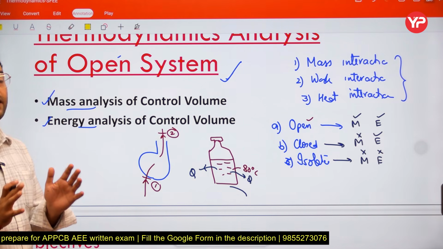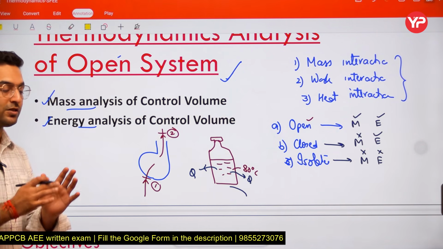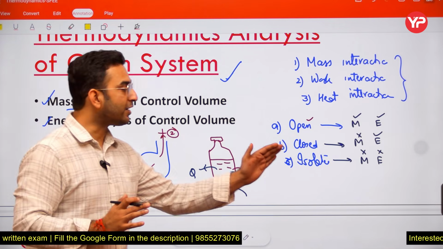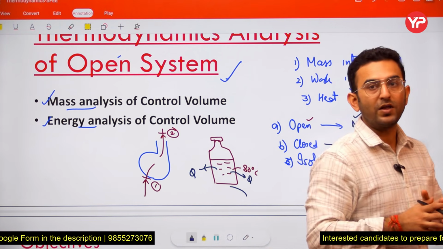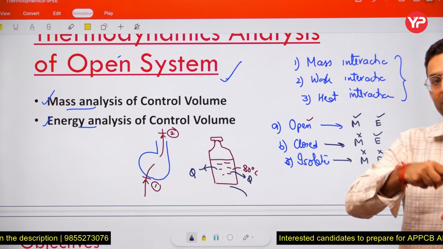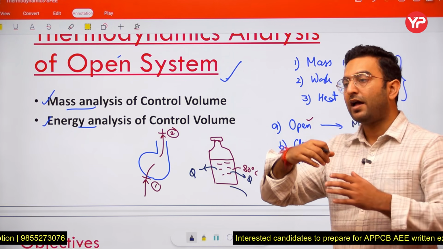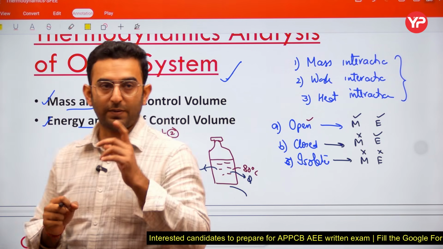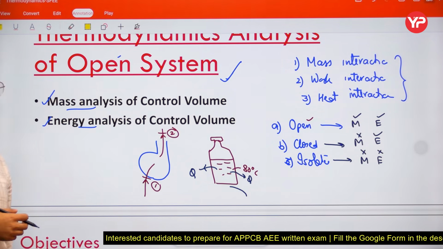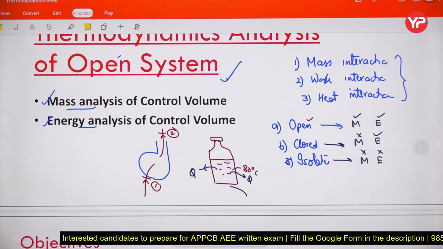So there won't be any energy interaction inside the isolated system. So you can say in the case of an isolated system, the total energy is going to remain conserved. The energy is not flowing into the system from some external source, and neither is the energy flowing out of this system.